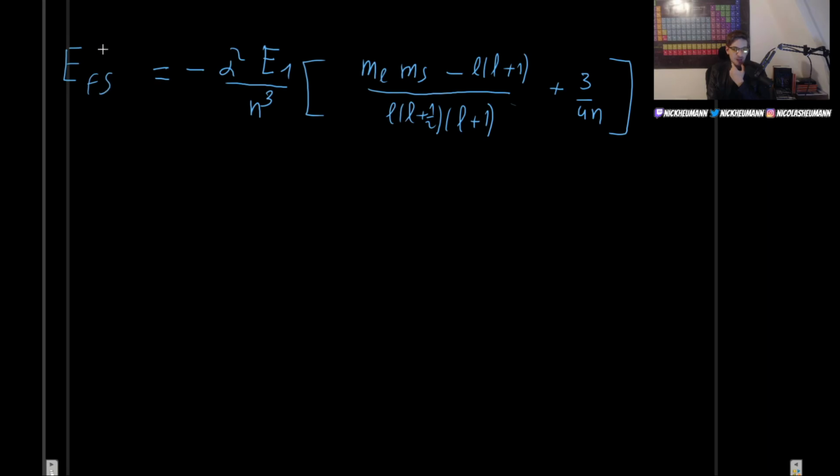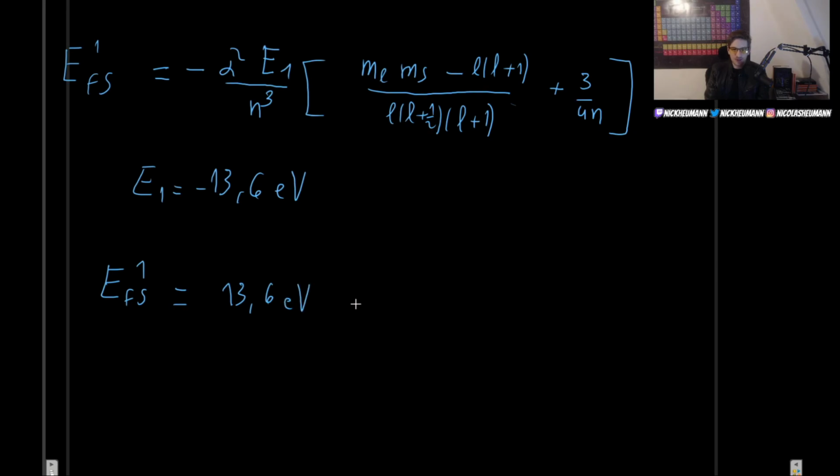This is the fine structure energy, so I guess I'll just call it that. Well, this energy, now we plug in E1 equal to minus 13.6 electron volts. So in the end, so fine structure, this will be, the minus signs cancel out, and we get alpha squared times 13. Actually, maybe it looks better the other way around.